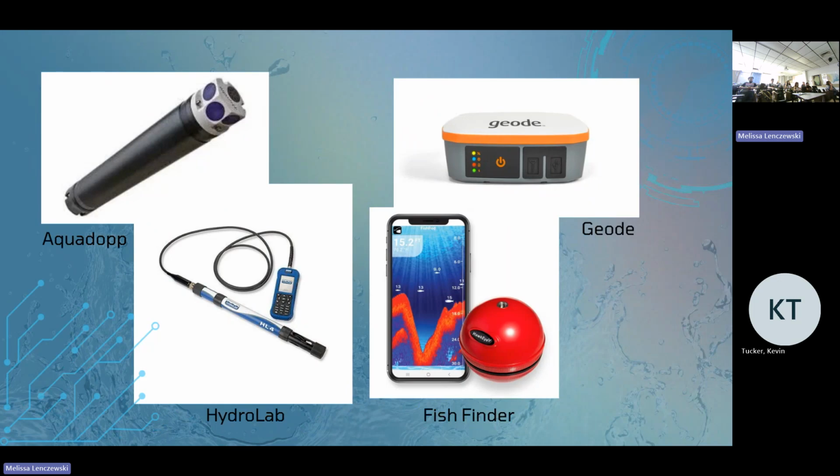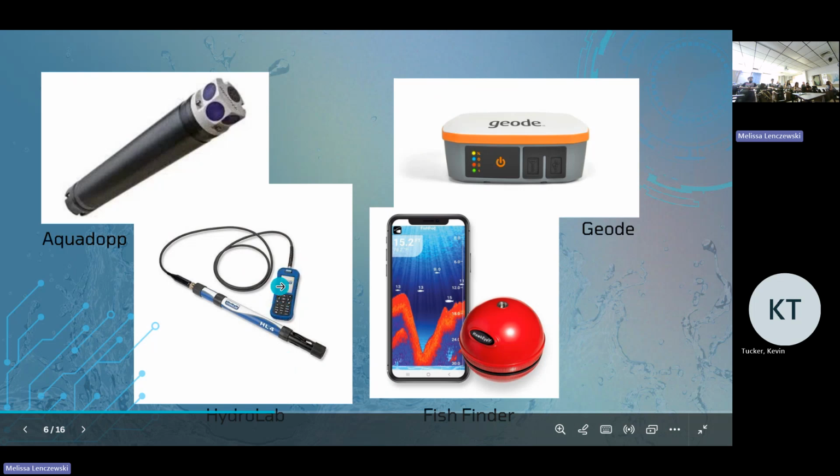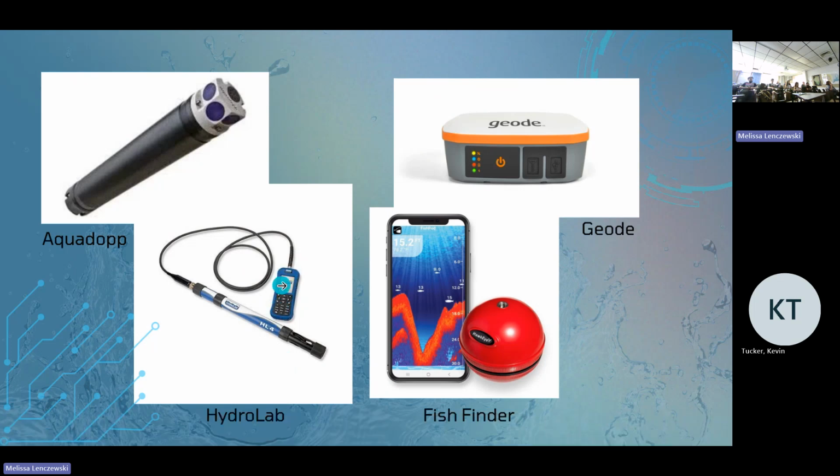Here are some figures of each of the devices we'll be using. This one right here is the Aquadop. You can see the sensors right here at the end, which will be using the sonar. This right here is the hydrolab, and it's connected to a handheld device. It's easily portable, so we can take it into the cenotes, and it's waterproof.